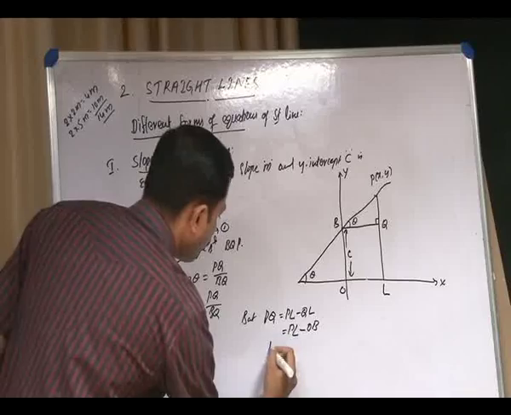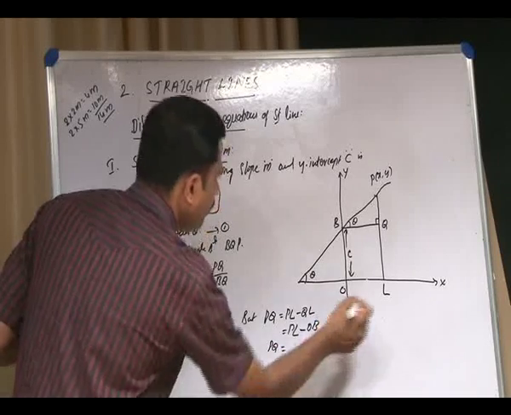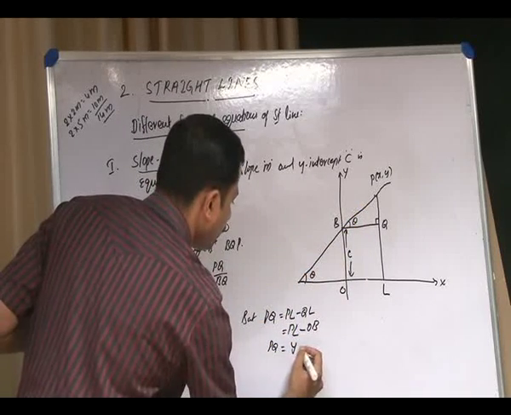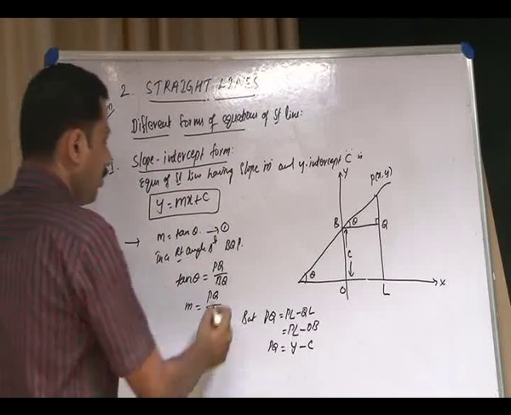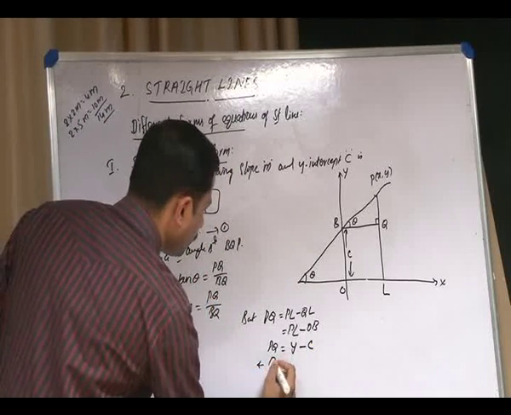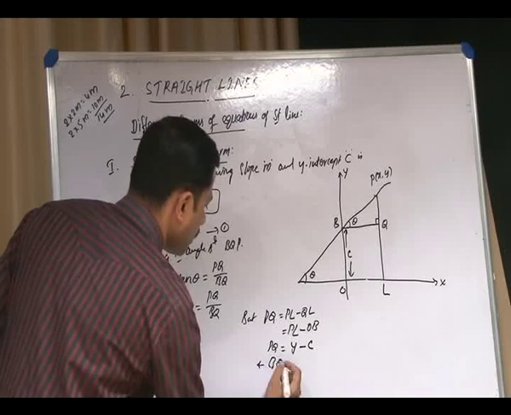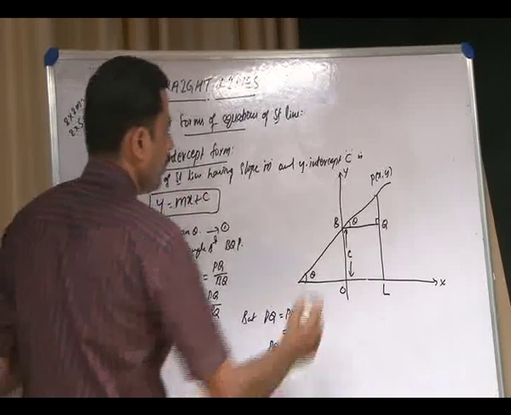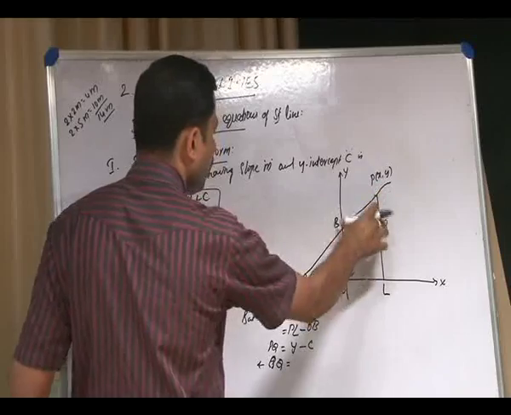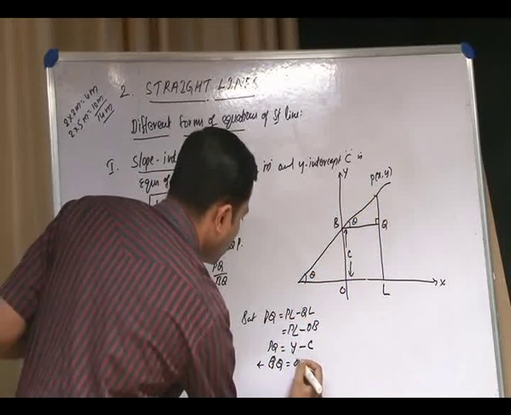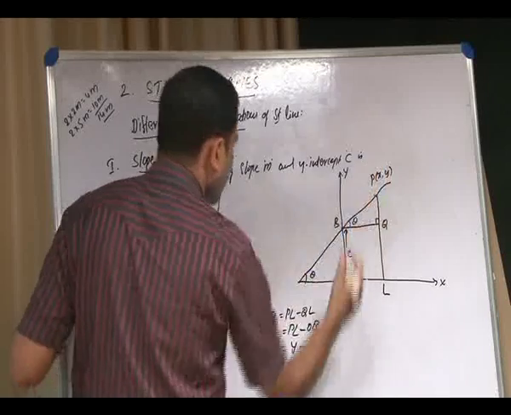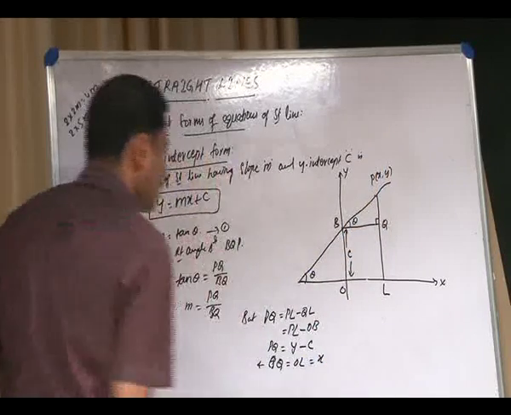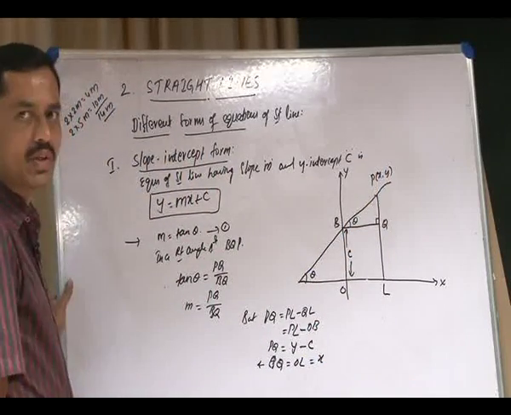Therefore, PQ becomes y minus c, and BQ is numerically equal to OL in this figure, and OL is nothing but the x coordinate of point P, that is x itself. So, BQ is equal to x.